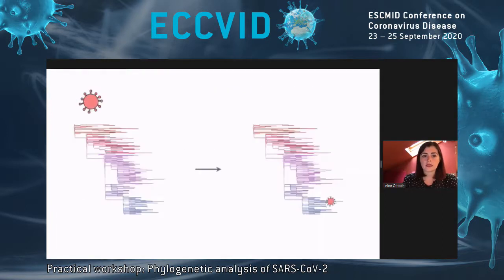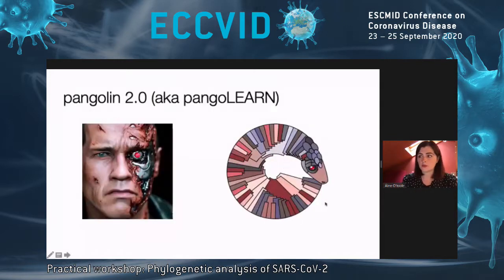Briefly, the original Pangolin 1.0 assigns the most likely placement of your virus sequence into a representative guide tree, and based on that, it determines what the most likely lineage is. So it's very simple. We recently got an upgrade to Pangolin 2.0, also known as Pangolearn now, and it uses machine learning decision trees to estimate the most likely lineage for your sequence.